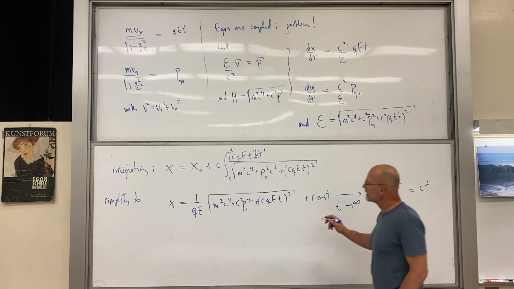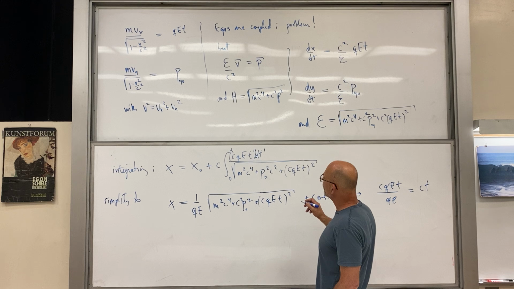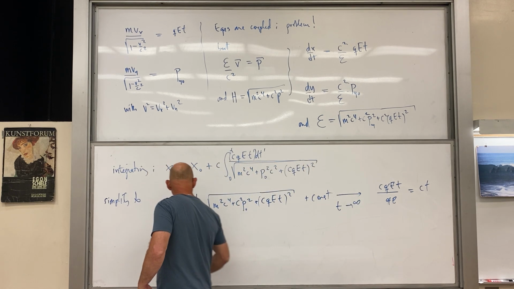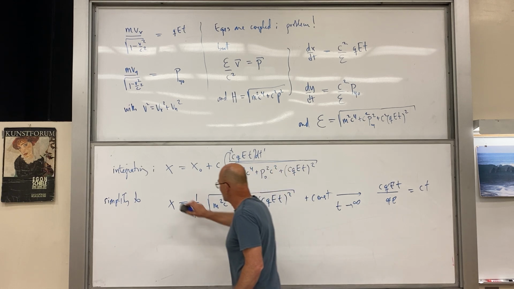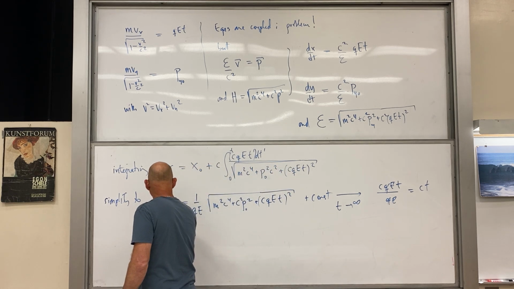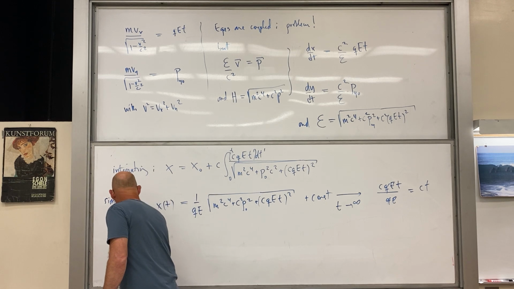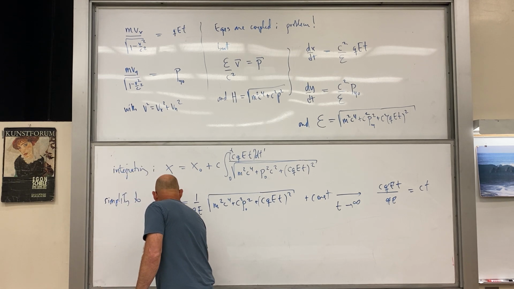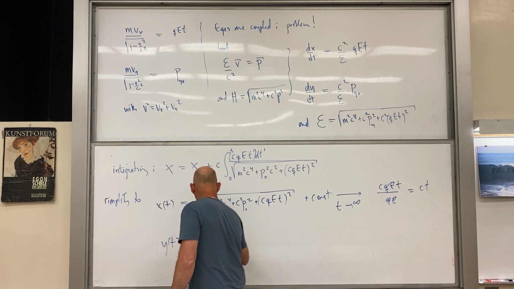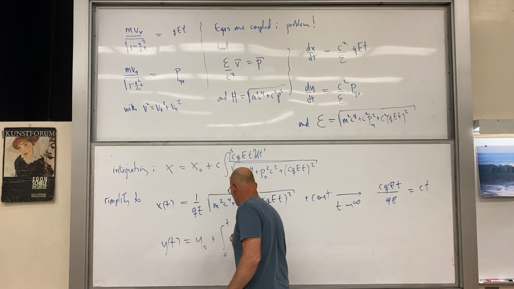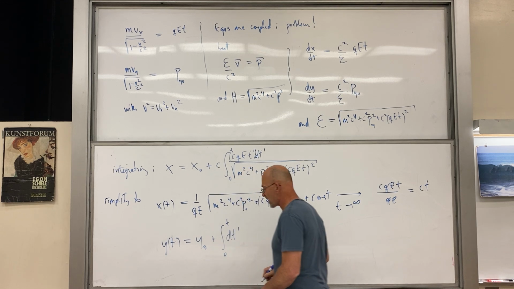Good. So what about the y? So this is x of t. Go ahead and write x of t. y of t equals y0 plus the integral from 0 to t of dt prime.